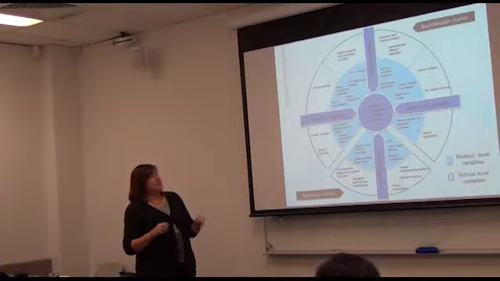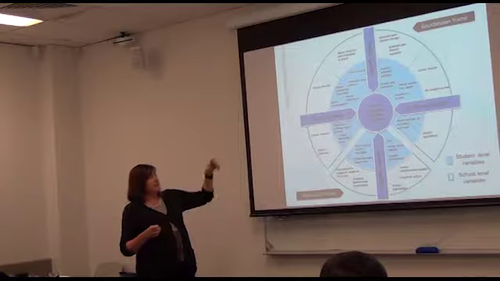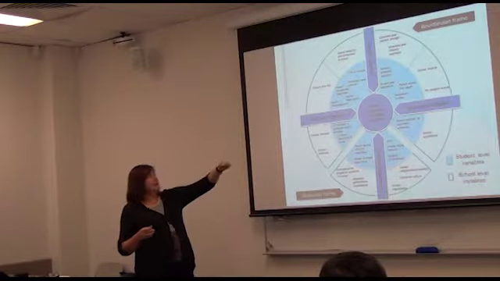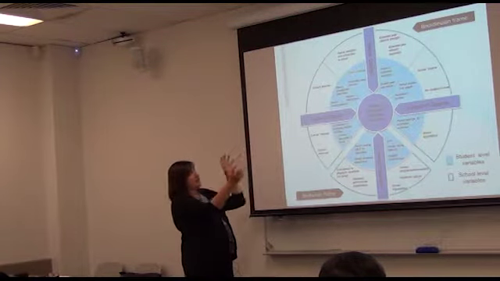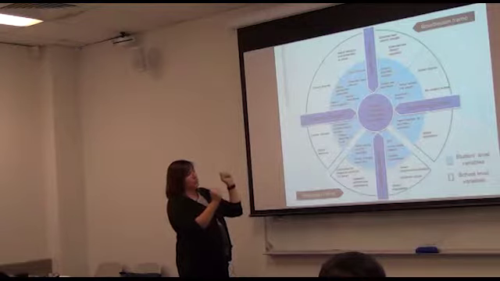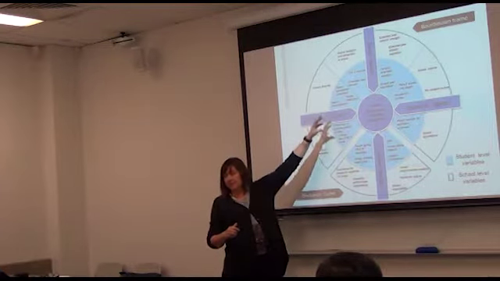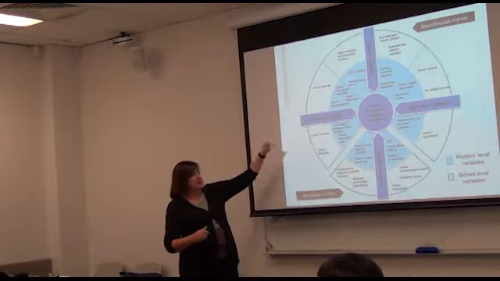So we used what we called a composite capitals framework. We used Bourdieu's notions of cultural, social and economic capital. And we thought about, well, within those ideas, what student level variables could we collect data on, and what school level variables could we collect data on?